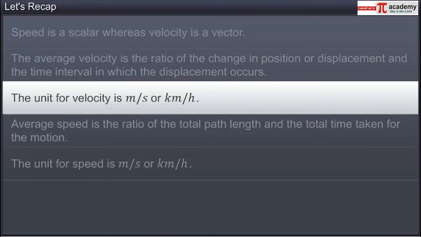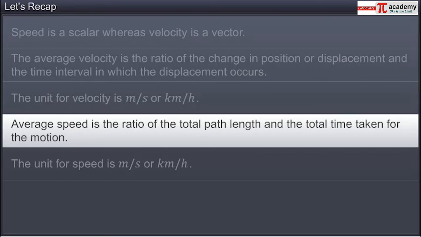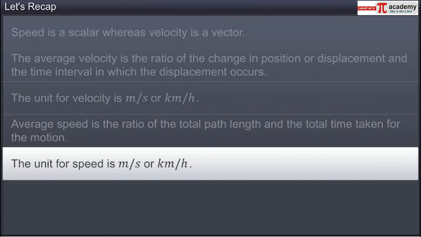The unit for velocity is meters per second or kilometers per hour. Average speed is the ratio of the total path length and the total time taken for the motion. The unit for speed is meters per second or kilometers per hour.